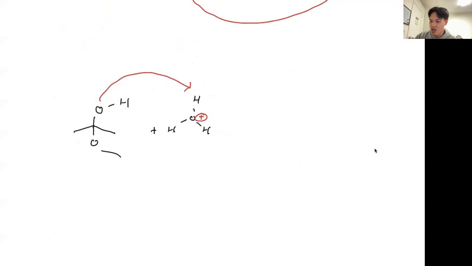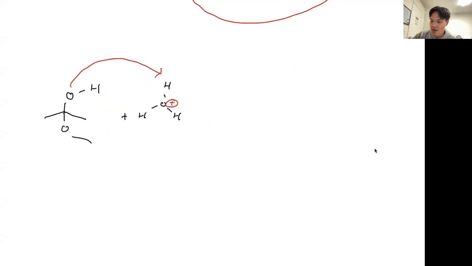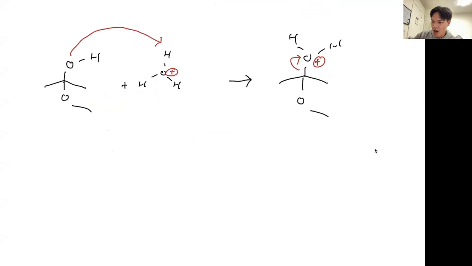So then this oxygen can grab that hydrogen, and then it will become a water, which is a good leaving group, because when it leaves, it forms a neutral compound, and it's a weak base. But now we have a carbocation right here.